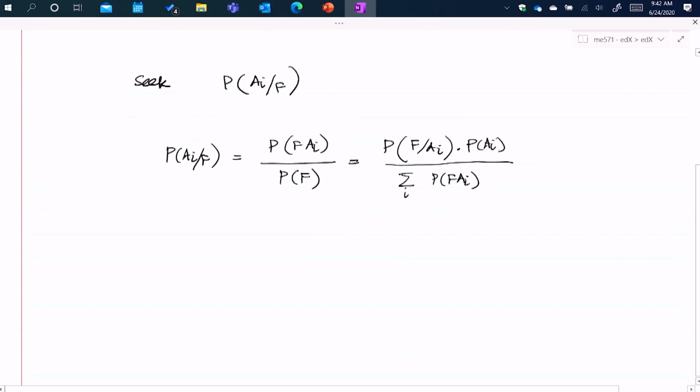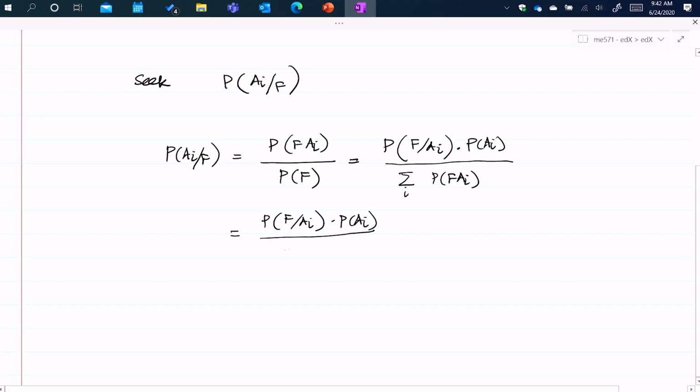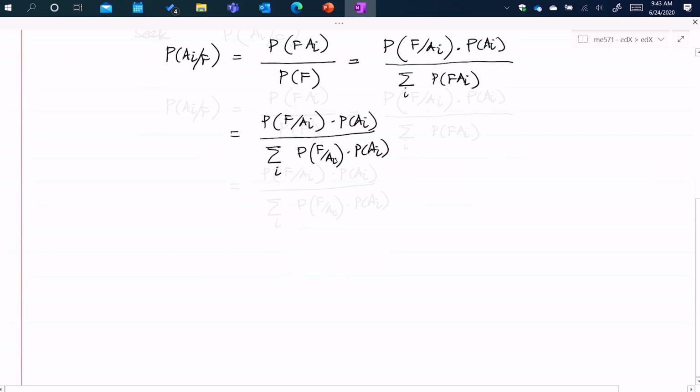There are many mutually exclusive causes that together lead to the failure event. And this again, you can write further as the probability of F given Ai times the probability of Ai divided by the summation over i, again applying Bayes' theorem. So we can write this as the probability of F given Ai times the probability of Ai. Now we know from the lab experiments the probability of F given Ai.